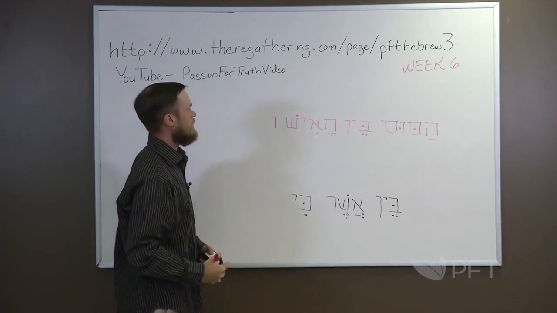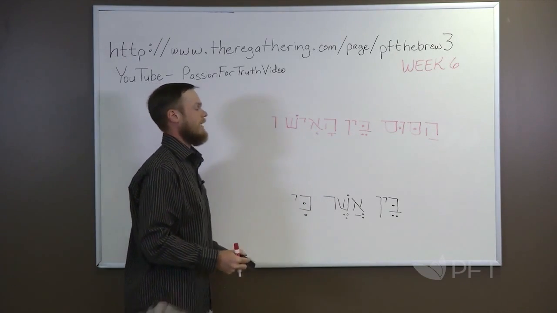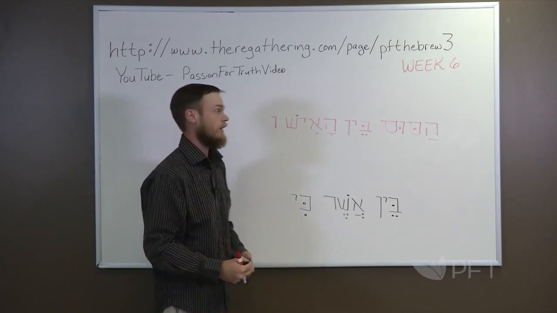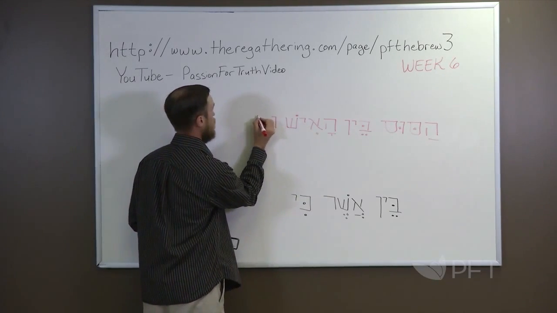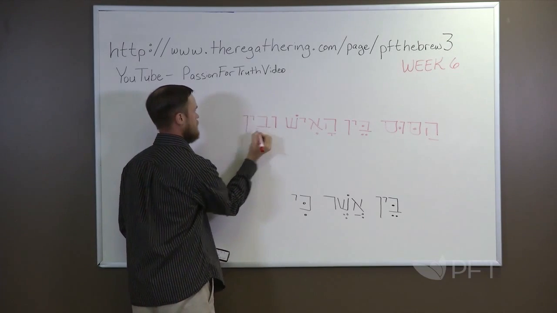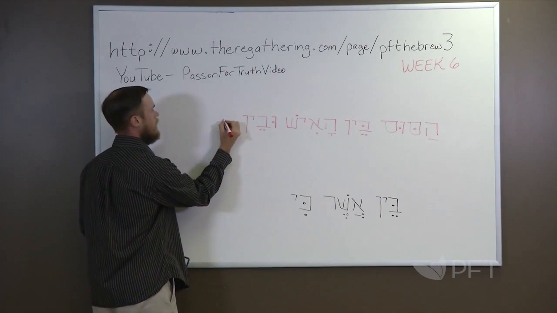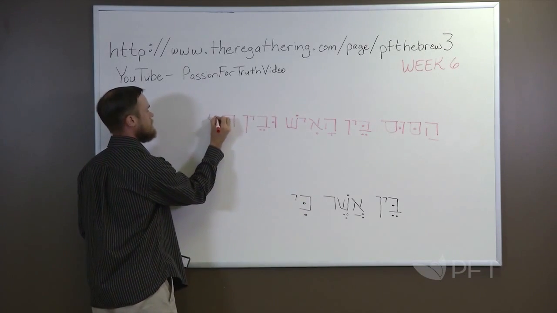Now we can't just say hasus bain ha'ish v'ha'etz. Instead, we have to use bain before each of the boundaries. So uvein ha'etz.